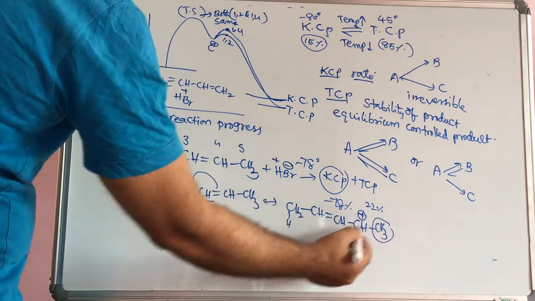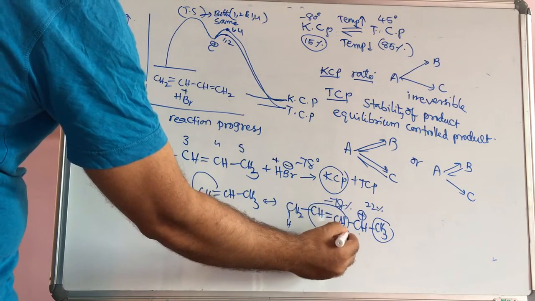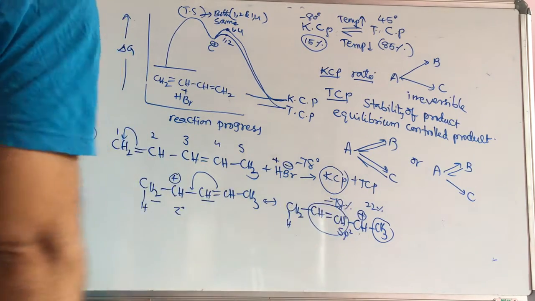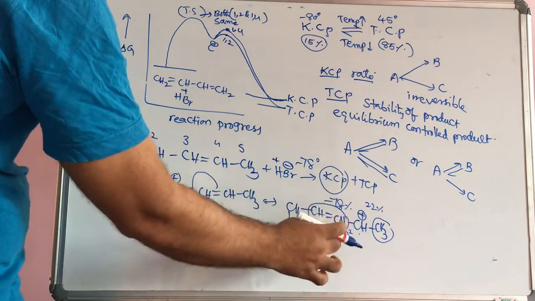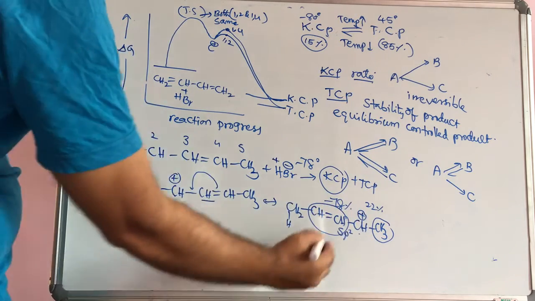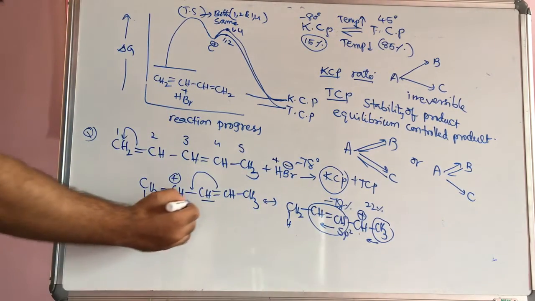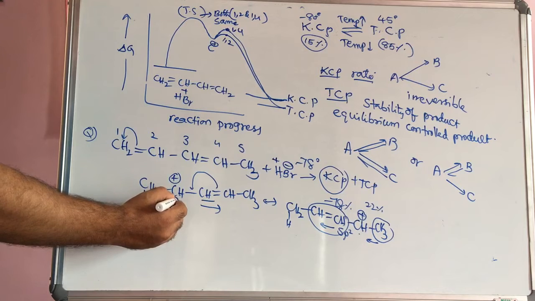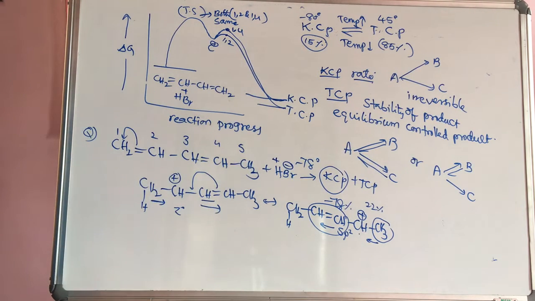Here one methyl group is there, and one sp2 carbon with a double bond also is there. That's why electron withdrawing nature is there, while this side is donating, so it is stabilizing like this. Here also electron withdrawing is there and one is donating, so both have the same stability.